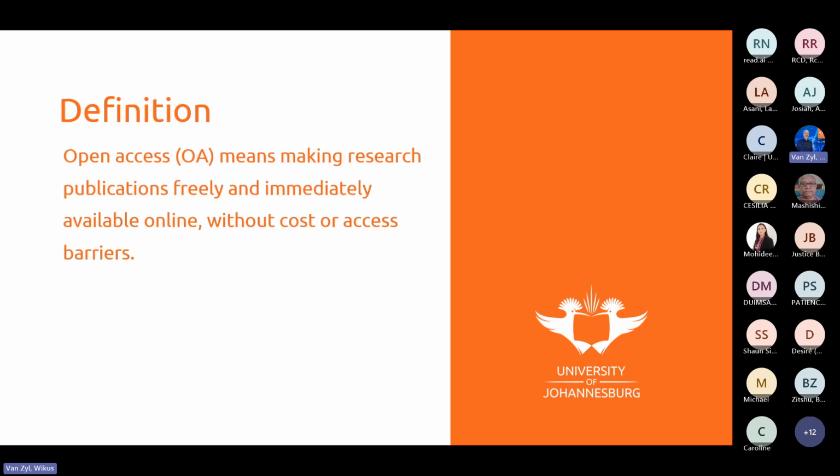But just to introduce you to open access publishing, what it is and what are the things you have to consider. So firstly, open access means making research and publications freely and immediately available online without cost or access barriers. So open access publishing makes research publications available freely to the audience without financial barriers.